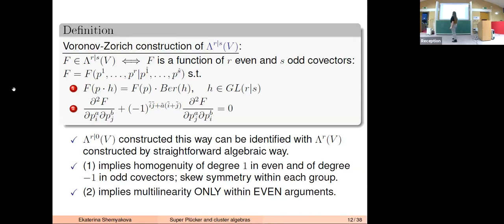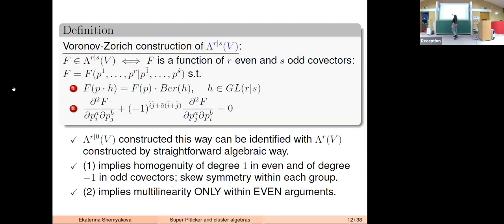And what else? If inside your covectors you do a linear change of variables, a linear change of components, basically you multiply by an element of the general linear group, so any covector is substituted by a linear combination of all of them, then you just get the Berezinian of this matrix H. The Berezinian is the super analog of the determinant.